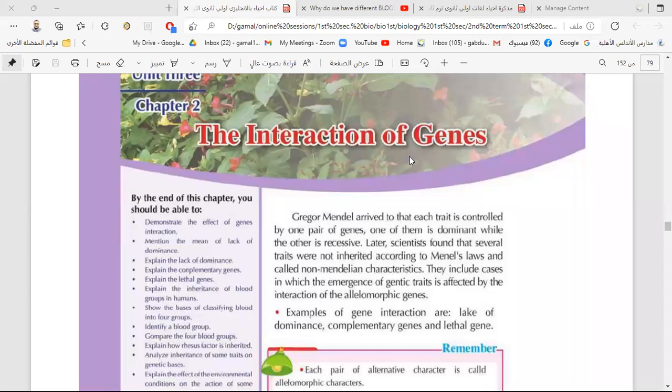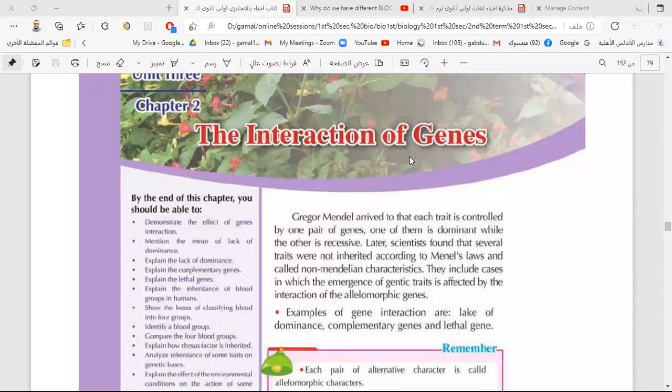When Mendel made his laws, he considered that the trait is inherited by the effect of two genes, one dominant and one recessive. Every gamete has one gene only. When fertilization happens between the male gamete and the female gamete, the two genes of the trait return back into a couple.